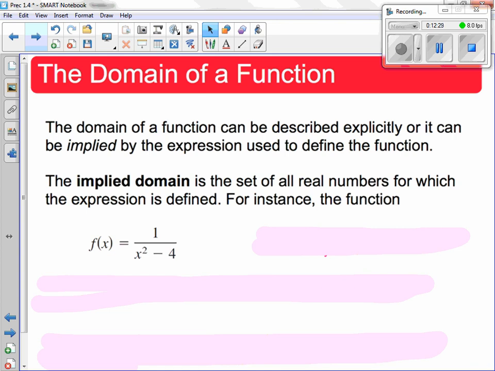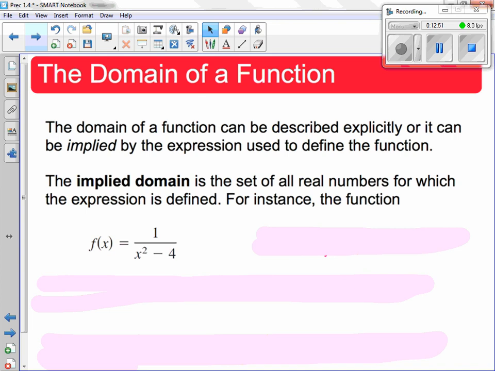Now we also talk about radicals, our square roots, mostly even roots. Even roots. The number inside here cannot be what? Negative. Because if we have a negative number inside an even root, that's why I put 2 in. Because no matter what n is, it's always going to be even.